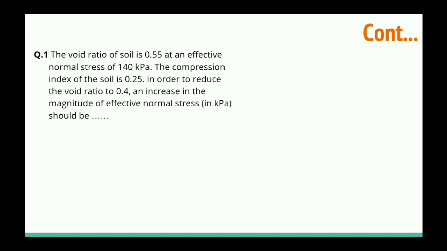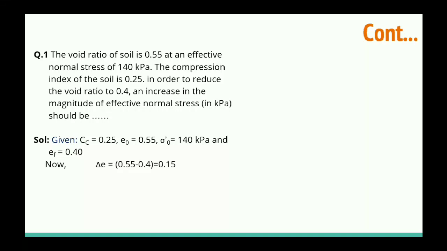Here the initial void ratio, final void ratio and effective stress are given, and we have to calculate the change in effective stress. Given the Cc value and e0 value, we can calculate the change in void ratio: 0.55 minus 0.4, which gives 0.15.